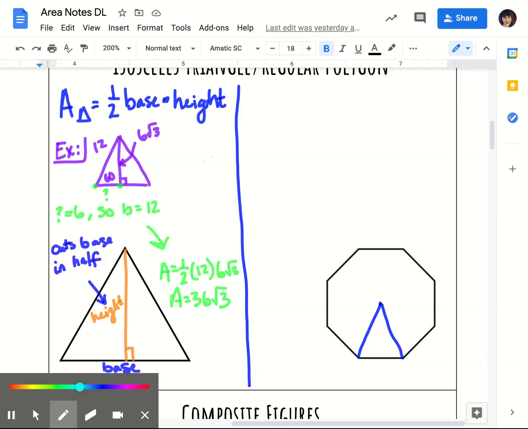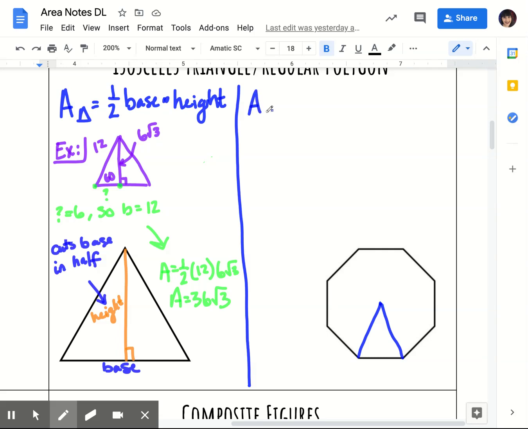And the number of triangles will match the number of sides. So I'm basically drawing an imaginary isosceles triangle in here, finding the area of one of them, and then multiplying by the total number of triangles I have, which is the same as the number of sides.